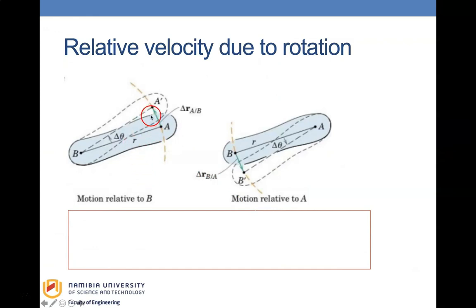So if you look at this vector A to B, let's say in this figure we have B fixed and A moves to A prime. This is the path of the vector it will develop. And here we have A fixed and B moves in this direction, and you can see this is the vector as B moves from B to B prime.